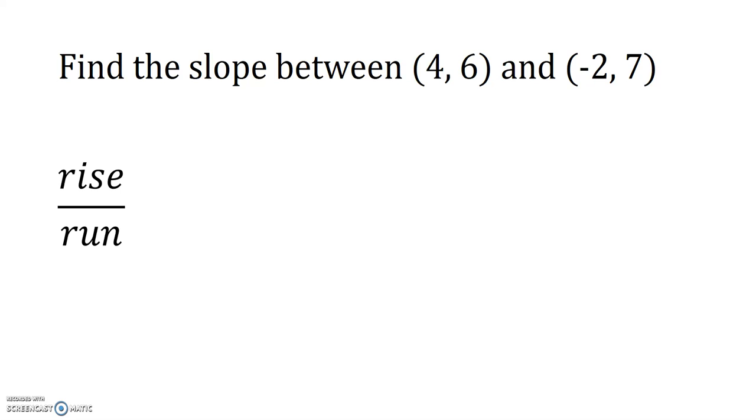Let's do one more example just for extra practice. So if I'm rising over run, first I focus on my rise, which would be my y values. I start at 6 and go to 7, so I am increasing by 1. So I rise 1, and then my run, which would be my x values.